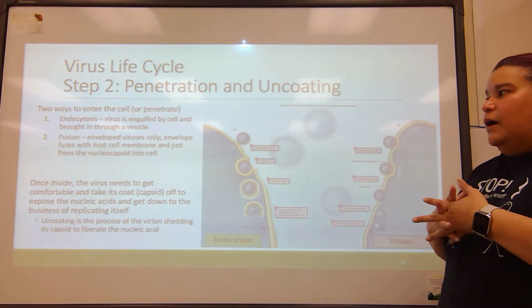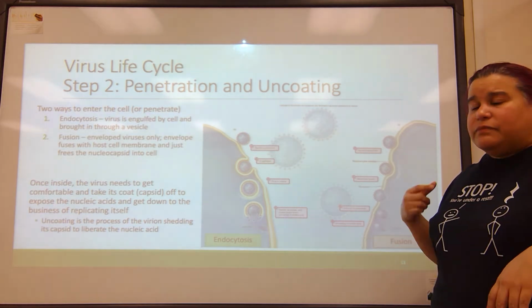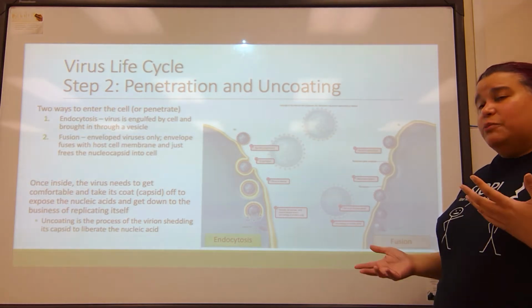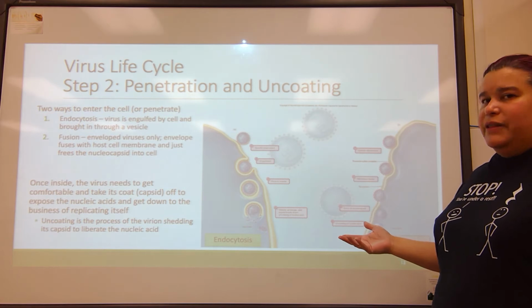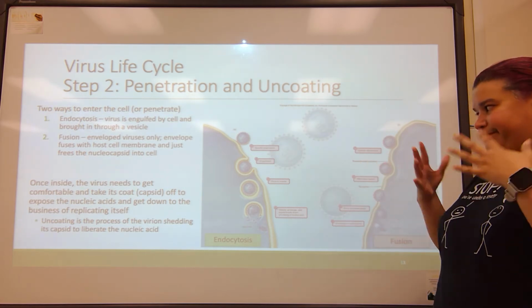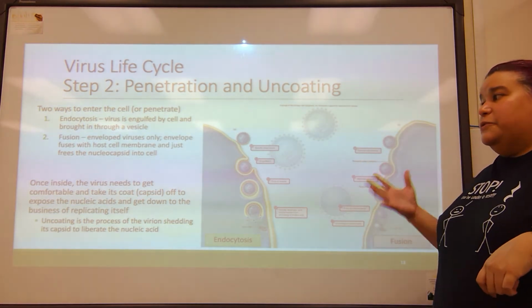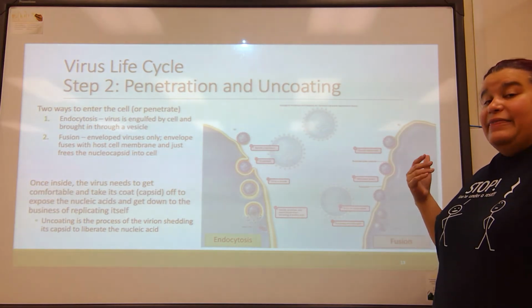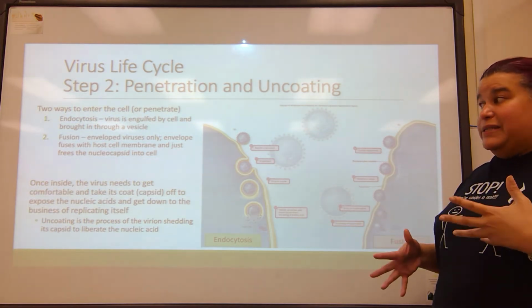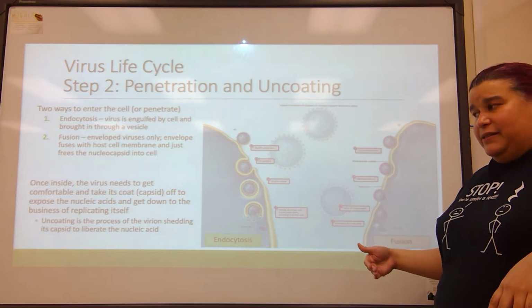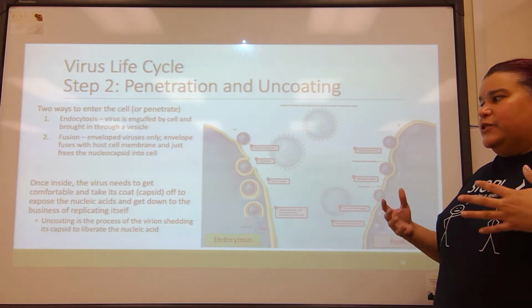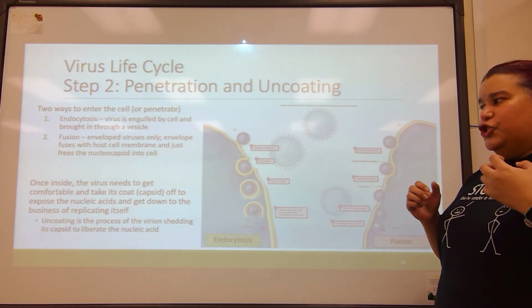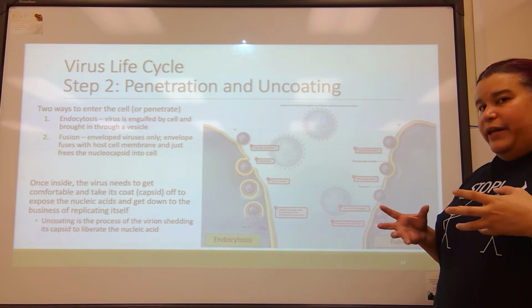Okay? Once inside, the virus needs to get comfortable, basically take its coat off. The genetic material needs to get out of the capsid, expose the nucleic acids, and then it basically gets down to business where it starts to replicate itself. Uncoating is a process of the virion shedding the capsid to liberate the nucleic acid.